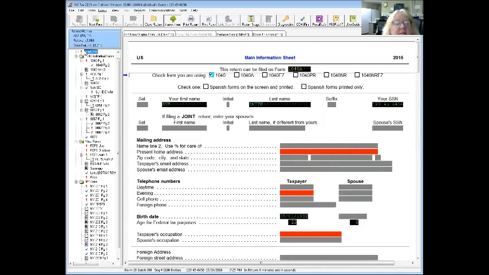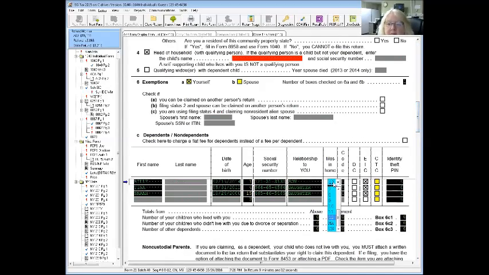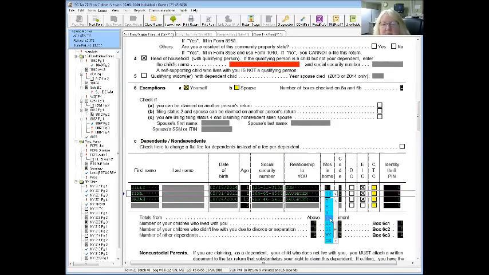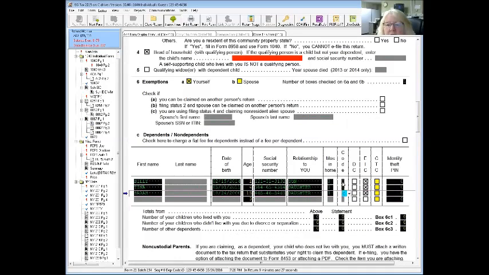All right, now let's put all 3 kids back with Dad. They live 0 months in his house. And they are all a code 2, which is your child that does not live with you.